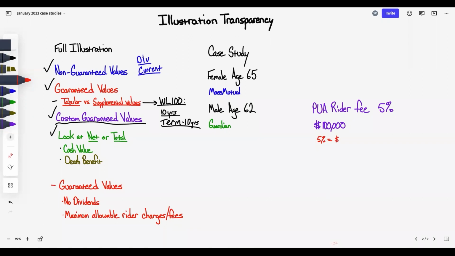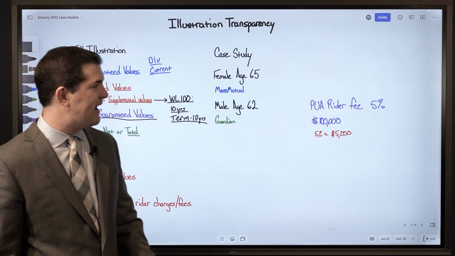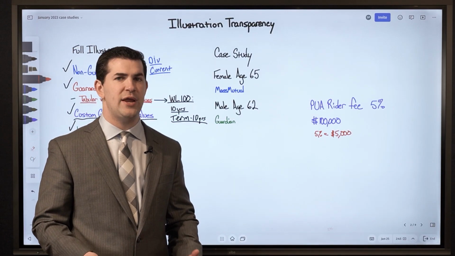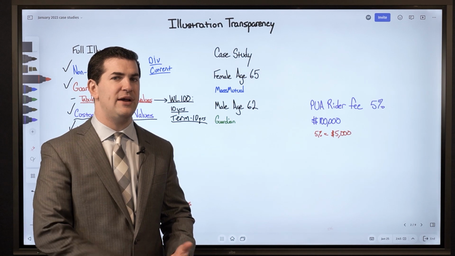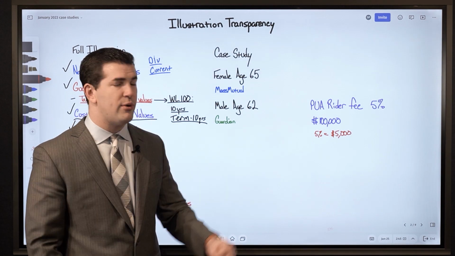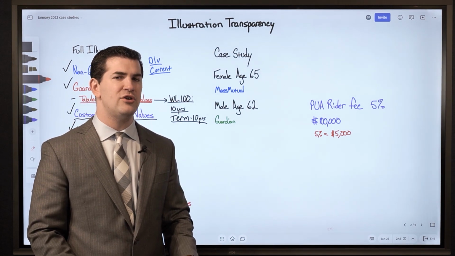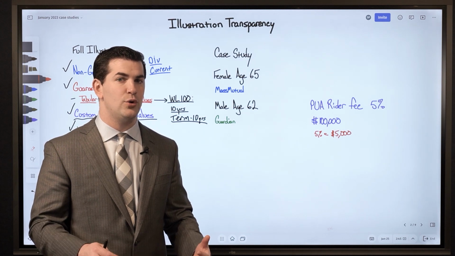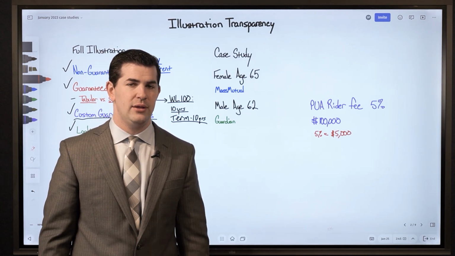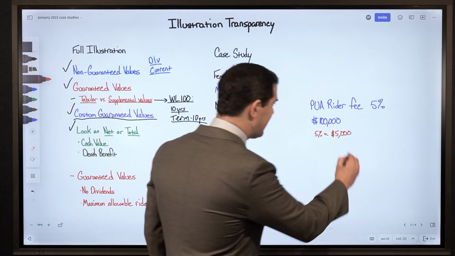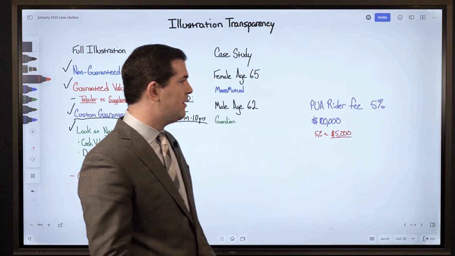It equals $5,000. So if you're a client, you see in your contract and on the illustration that the company charges a 5% PUA fee every time a deposit is made. Before you throw in $100,000, how much do you think is going to be withheld or will go to the insurance company? I would think $5,000 from the client.